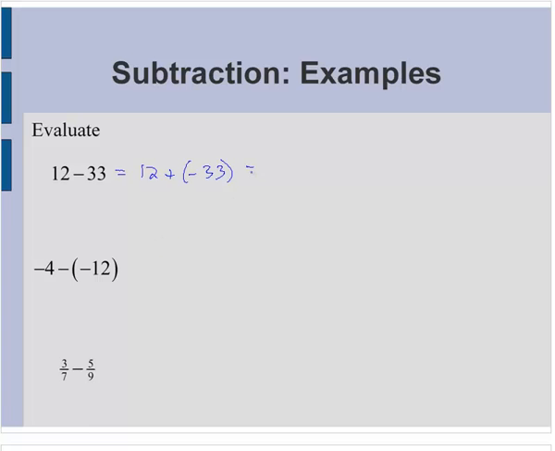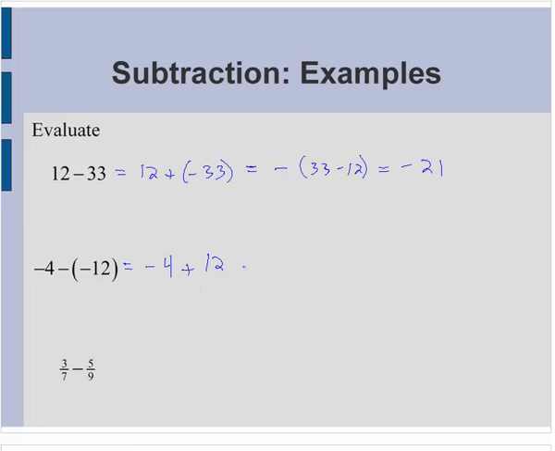Now, using our rules for addition, this would be negative, and subtracting the values, we'd have 33 minus 12, and so this would give us negative 21. So 12 subtract 33 is negative 21. Negative 4 subtract negative 12 is negative 4 add the opposite of negative 12, which is 12.